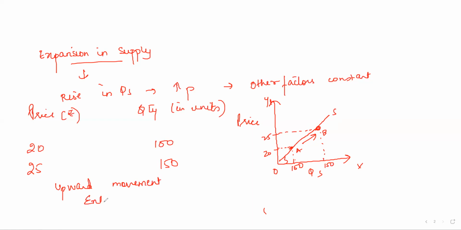You also know this by the name of extension in supply, or you also call it increase in quantity supplied. So it is an upward movement along the same supply curve. There is no shift. This is also known as expansion in supply. I hope this is clear.